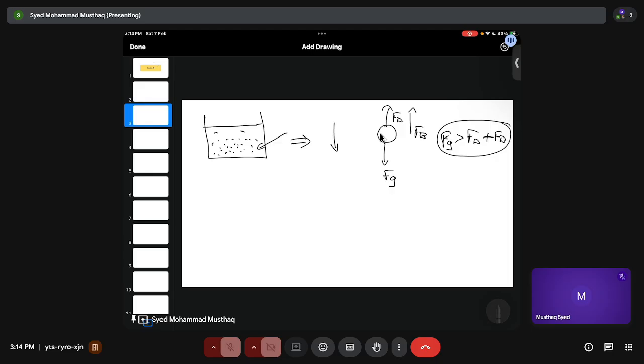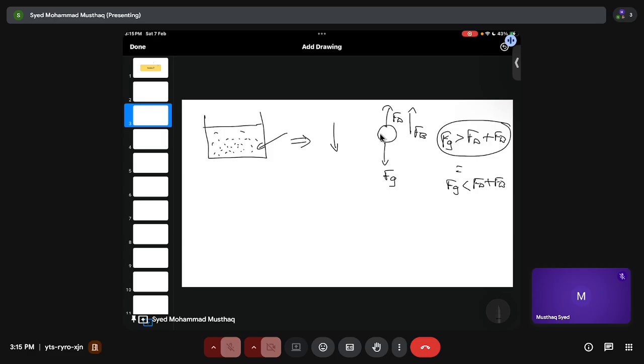If it is equal, then it will just stay there. If gravity is weaker than your drag and buoyancy force, and the buoyancy force is very large, then your particle floats up.